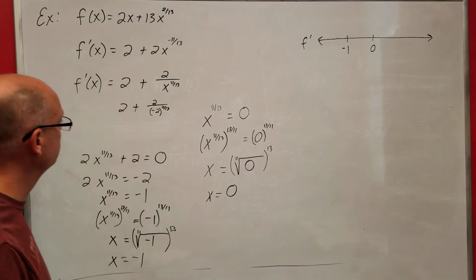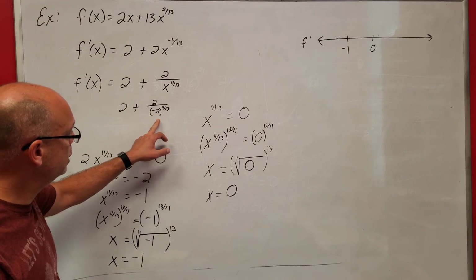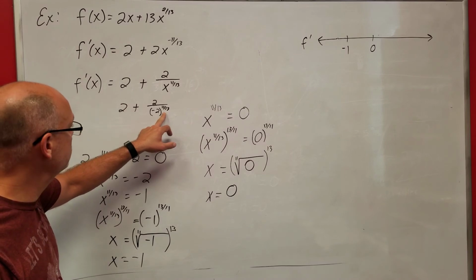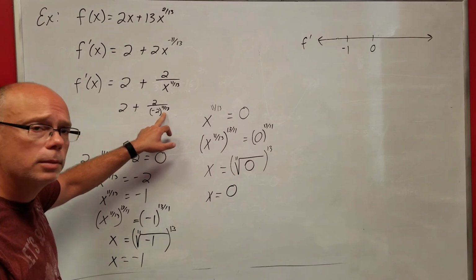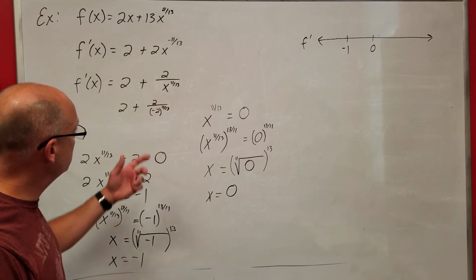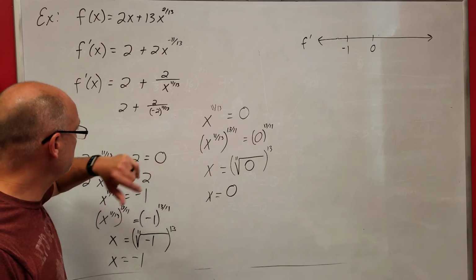Okay? So if I take the 13th root of negative 2 and I raise that to the 11th, that's still going to be some kind of negative, isn't it? Sure will be. It'll be some small number, 1 point something, okay?